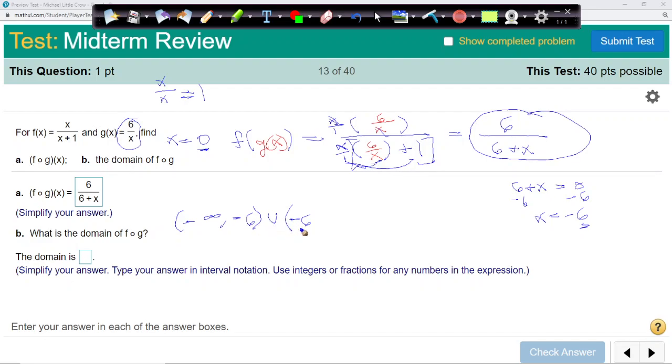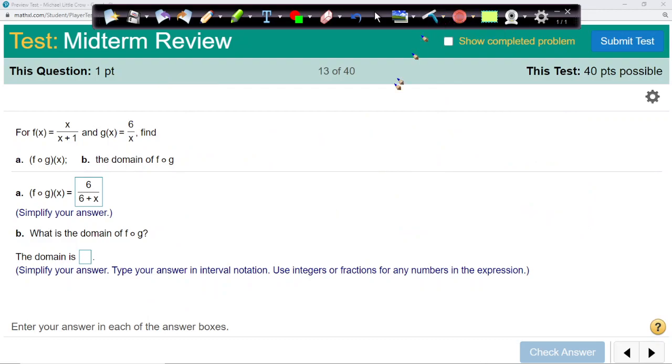Negative 6 is not included. Everything else is. From negative 6, we can go all the way to 0, but then we need to stop and take the 0 out. We do that by putting a parenthesis, not including 0 on this side, not including 0 on that side. But once we get past the 0, we can keep going to infinity. So that's the way it's supposed to look using interval notation.